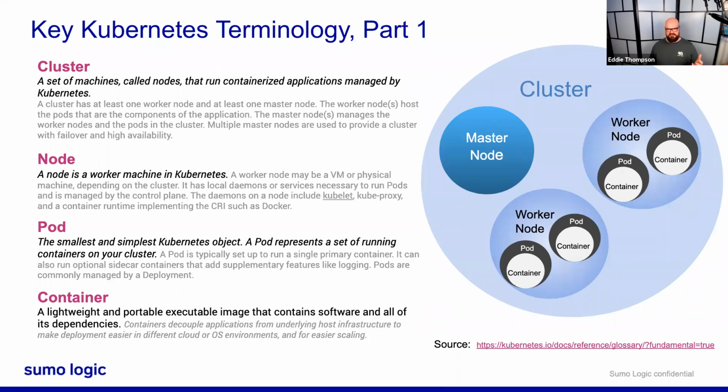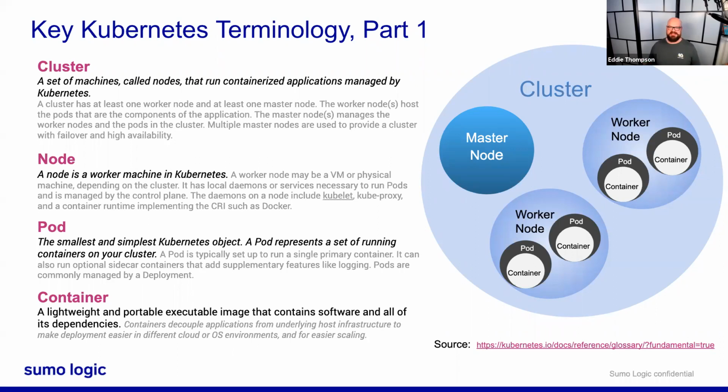The master contains the API server and things like the scheduler. And the worker nodes have the pods and the containers which are actually running the application and service code that you're deploying. A node is a worker machine in Kubernetes. This is analogous to a server or a VM. Could be either, but it's the compute capacity that you have to run your services.